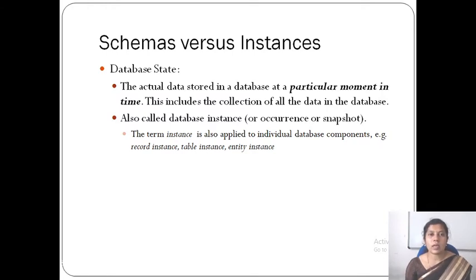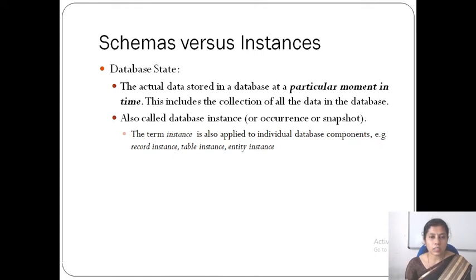If I say, at 12 o'clock, what is the content of my database, how many records are there, and I execute and check, that gives you the snapshot. That snapshot is called database state. So the actual data stored in a database at a particular moment in time is known as database state. This includes the collection of all the data in the database.